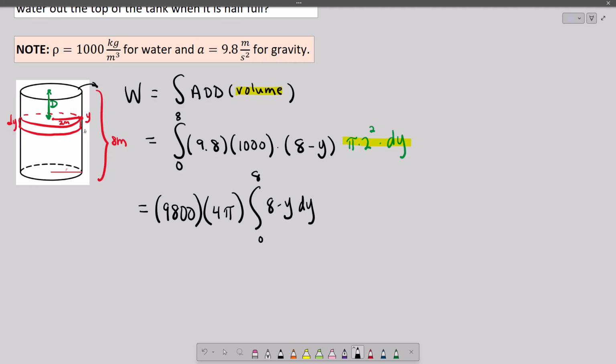Now we can finish this off. I'm going to just leave this in front for a second. Maybe we'll get lucky and have some cancellation. So this is going to be 8y minus y squared over 2 from 0 to 8.